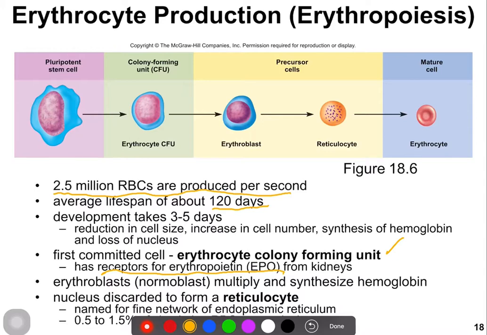Now, how does it get its name, reticulocyte? That refers to the mesh, reticulo. What we see here is a fine network of endoplasmic reticulum, and that will eventually disappear. If you take a blood sample, you'll see that a small percent of the cells in a person's blood are newly released reticulocytes, from 0.5% to just over 1%.